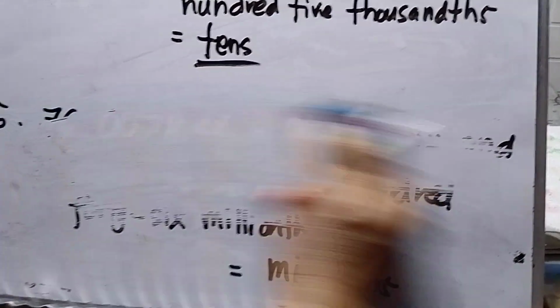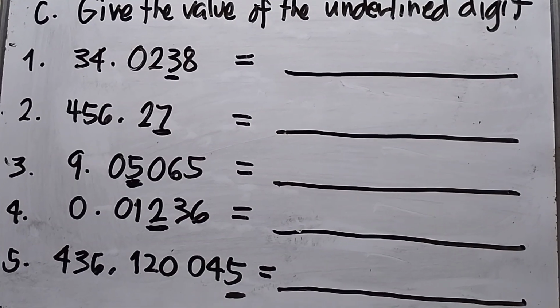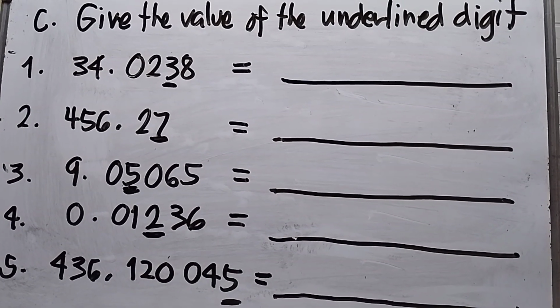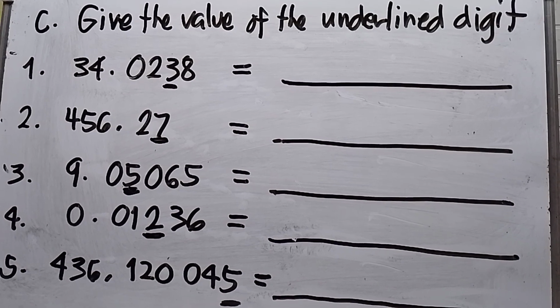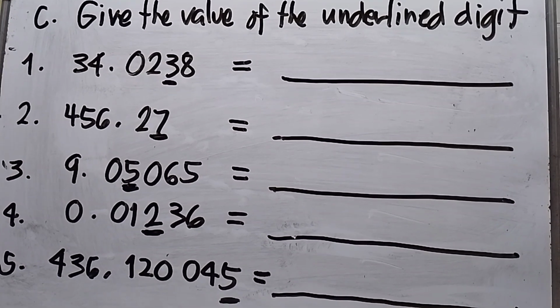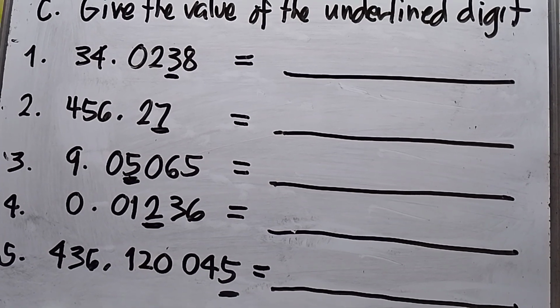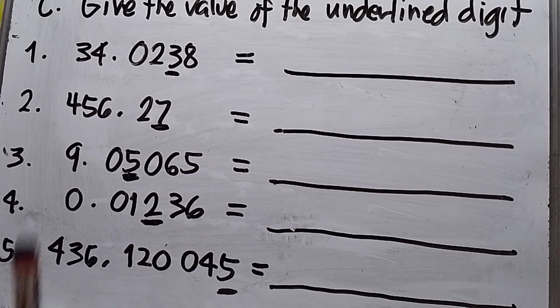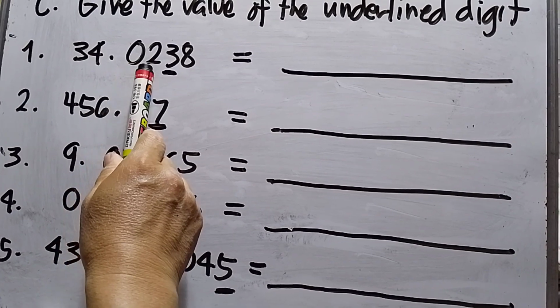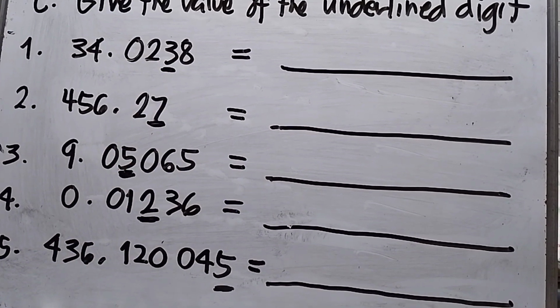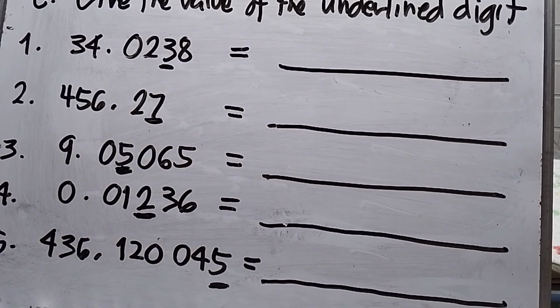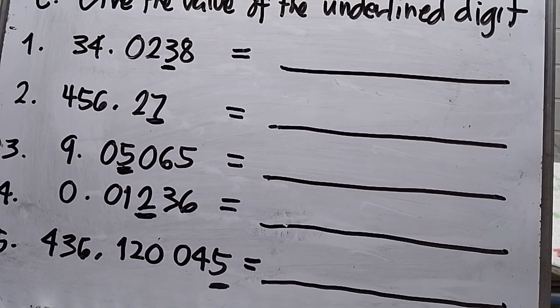Let's move to letter C. For letter C, give the value of the underlined digit. For number 1, 34 and 238 ten-thousandths. Let me check: tenths, hundredths, thousandths, ten-thousandths. So the underlined digit for number 1 is 3. How do I give the value?